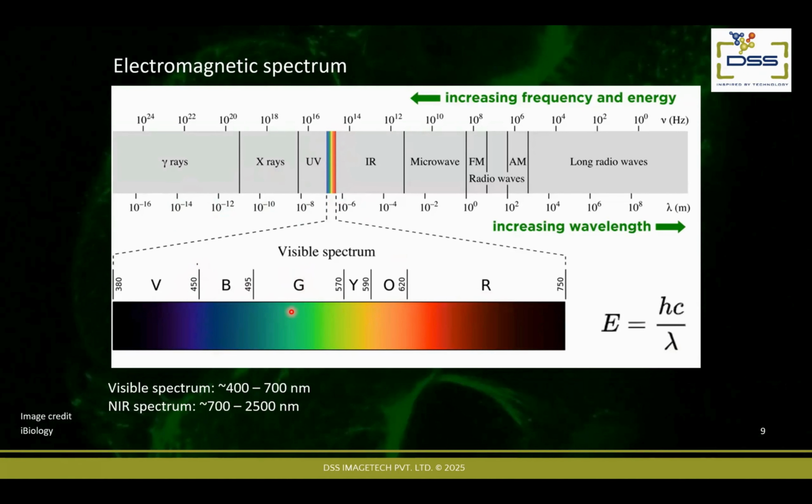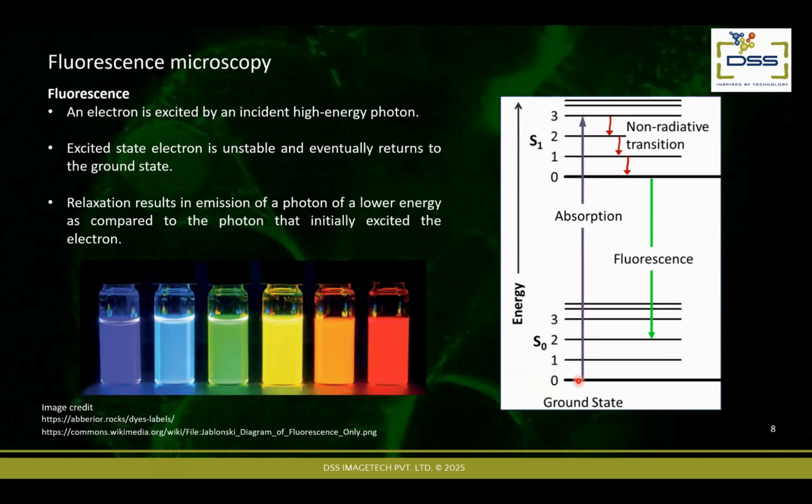Now going back to the principle of fluorescence. If this electron absorbs, for example, a photon of wavelength 400 nanometers, a blue light photon, then it goes to the excited state. When it comes back down, it releases a photon of around 500 nanometers. So it is absorbing blue light and emitting green light. That is the concept of fluorescence.